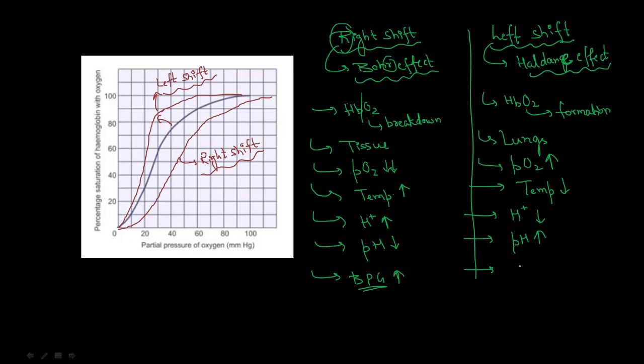And also here in your lungs, no glycolysis is happening as such, so the concentration of bisphosphoglycerate will also remain low. So all these situations can be asked as a question, that in which particular condition the Bohr effect is happening or the Haldane effect is happening.